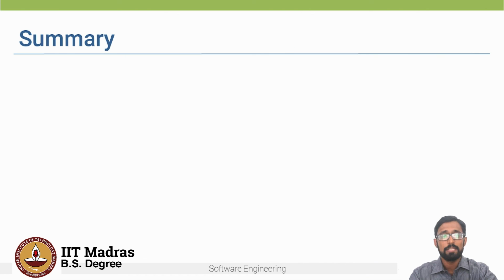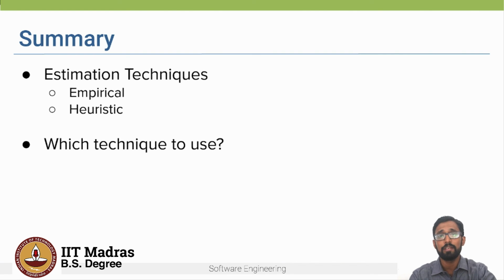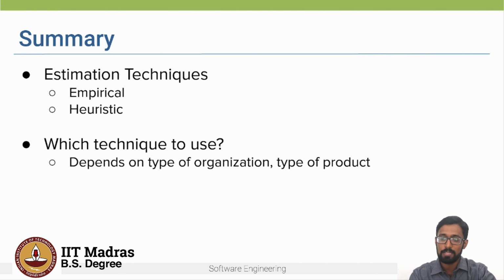So to summarize, in this video, we looked at several estimation techniques, both empirical and heuristic. Another question to ask now is which technique to use for a particular project, right? What estimation techniques project managers use depends on various factors like the type of organization and the type of product which is being built.